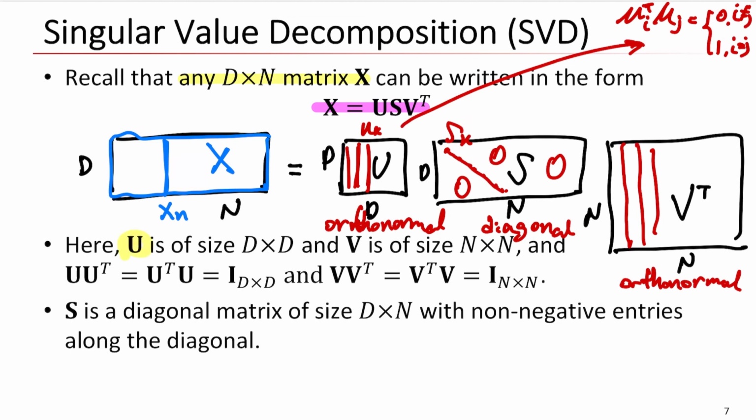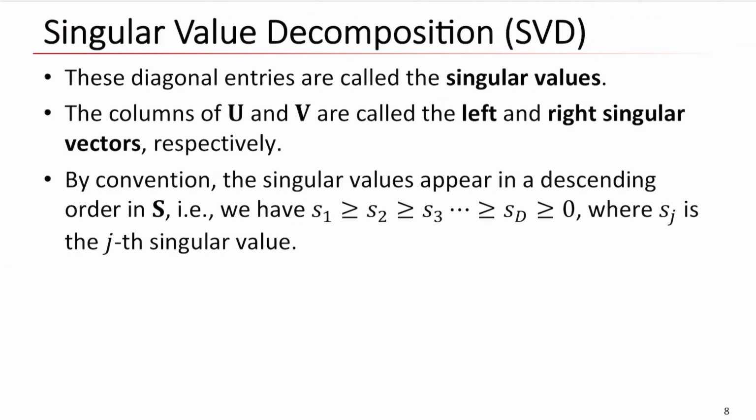S is of size T by D, V is of size n by n, right? S is of size T by n, with non-negative entries along the diagonal. This is the singular value decomposition. Any D by n matrix can be decomposed into three matrices U, S, V transpose.